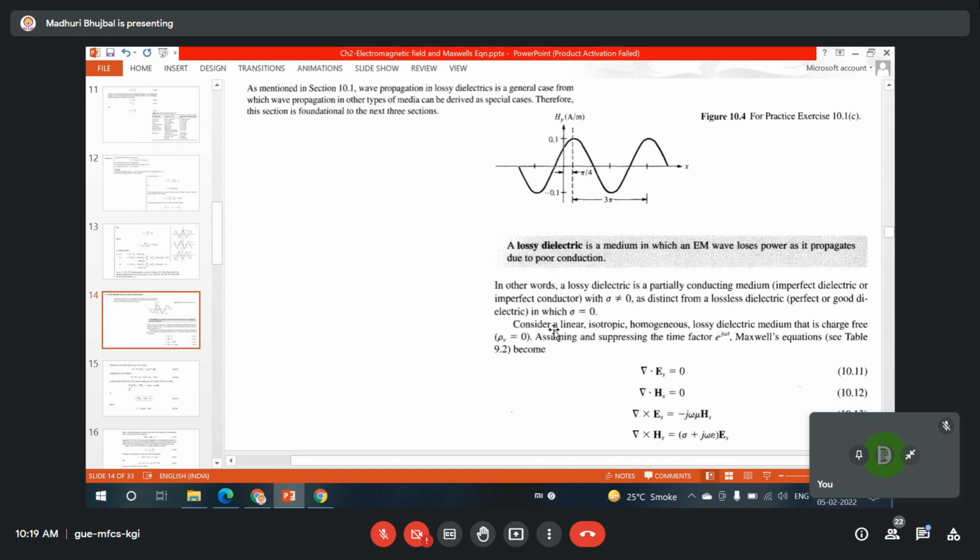In bracket write down, when you say charge free, that means rho v is equal to 0.